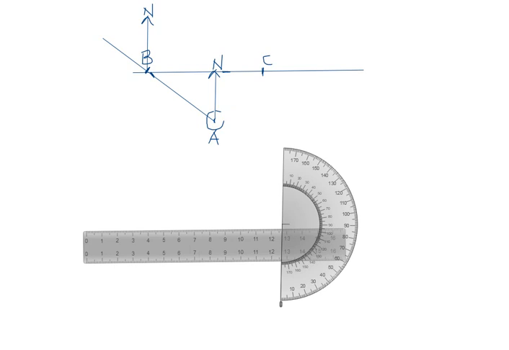So point A to C, we join with a straight line using our ruler.